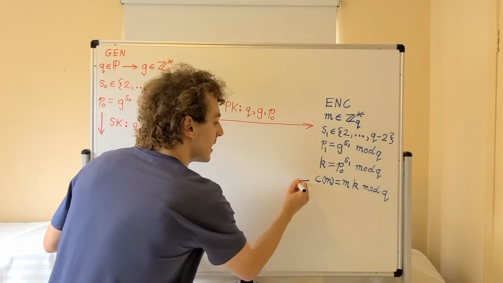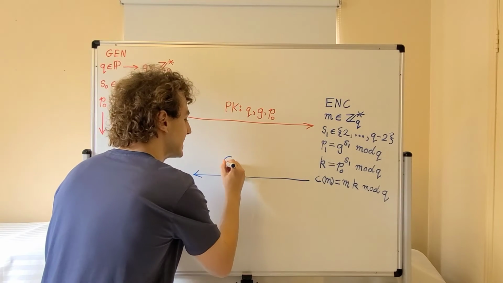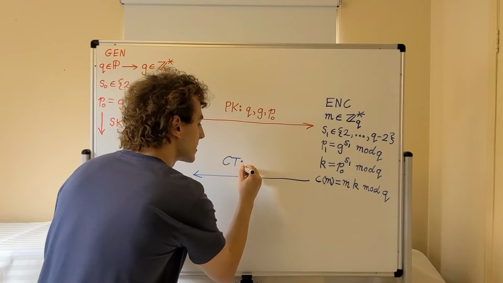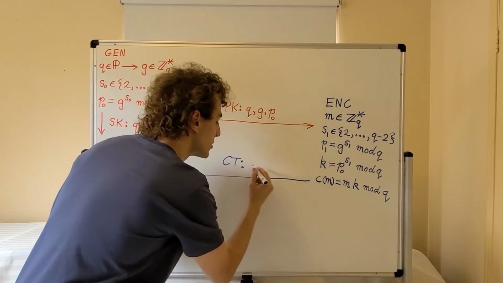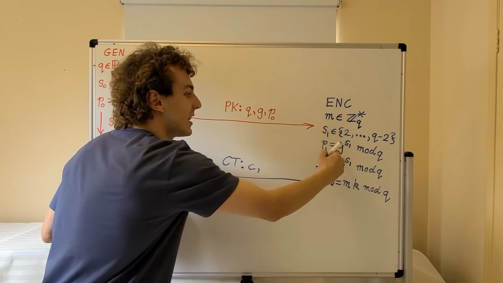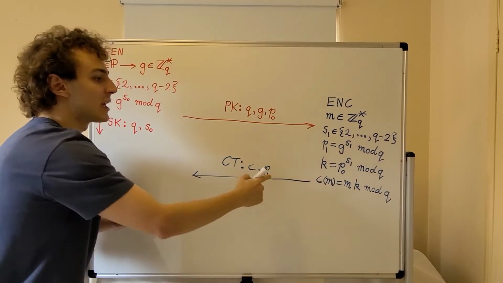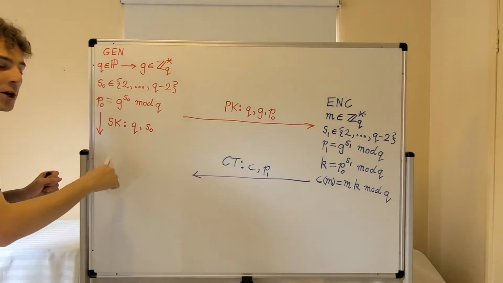What does the ciphertext include? CT for ciphertext includes this value C, and it also includes this public value P1. We need this public value P1 so we can generate K over here.